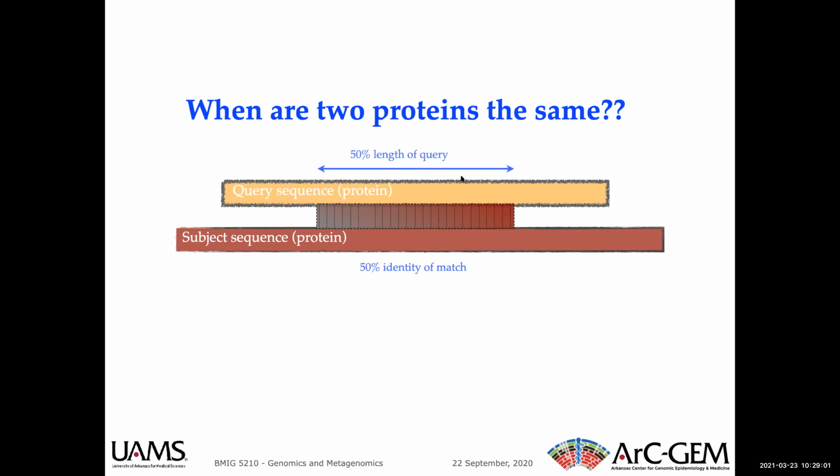If at least 50% of the length of your query overlaps with the subject, and within that 50% is also identical, that's called the 50-50 rule. Then you say these proteins are the same family, not identical protein, not the same protein, but the same family.